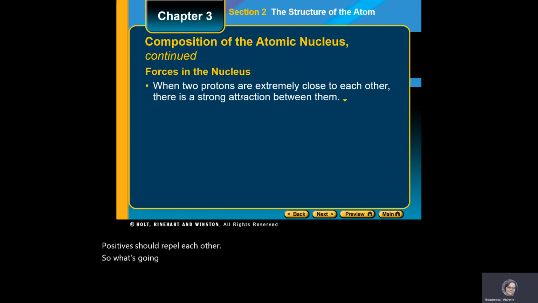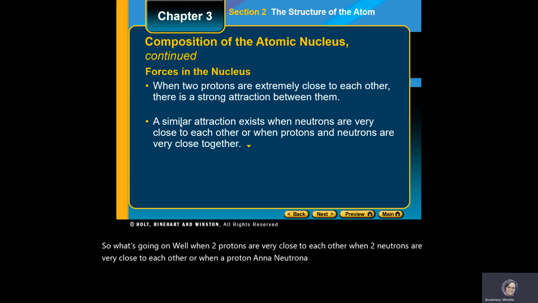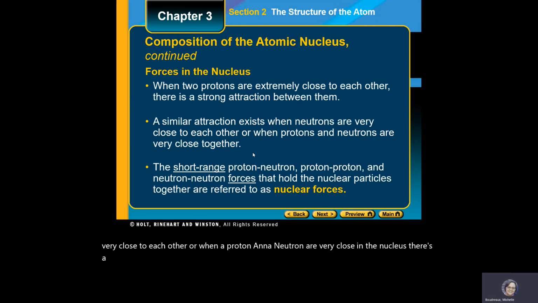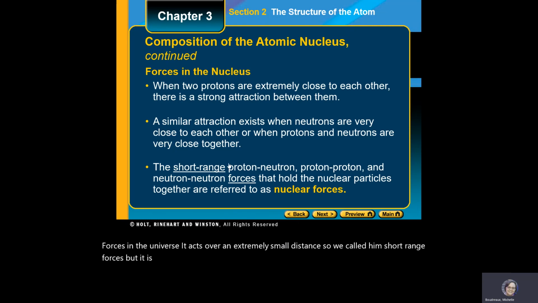Well, when 2 protons are very close to each other, when 2 neutrons are very close to each other, or when a proton and a neutron are very close in the nucleus, there's a strong attraction. It's called a nuclear force, and it is the strongest force in the universe. It acts over an extremely small distance, so we call them short-range forces, but it is extremely strong.